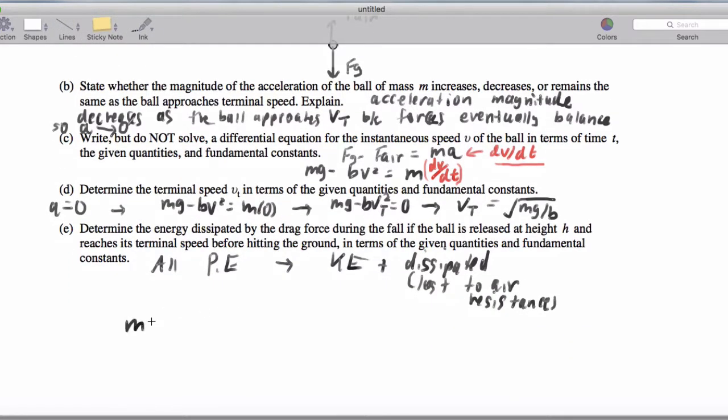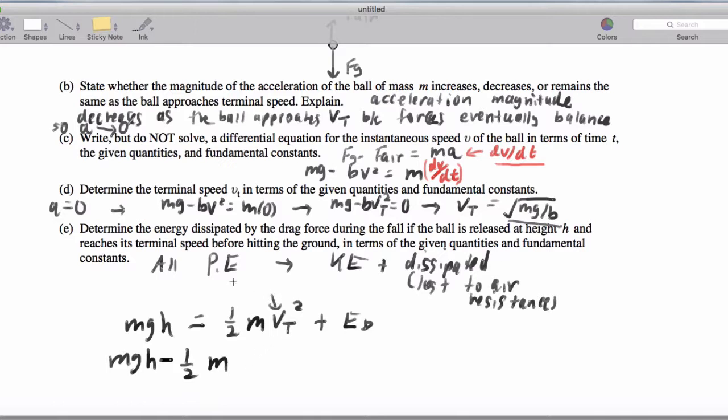So we have all mgh, and it gets converted into 1/2 m, and our kinetic energy near the bottom is v terminal speed squared plus whatever was lost due to dissipated energy that I'll call ED. So this is going to be mgh minus 1/2 m, and I'm going to use this v terminal here.